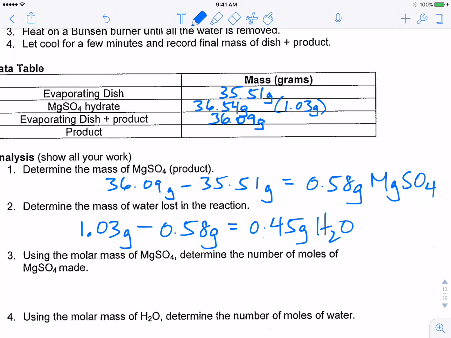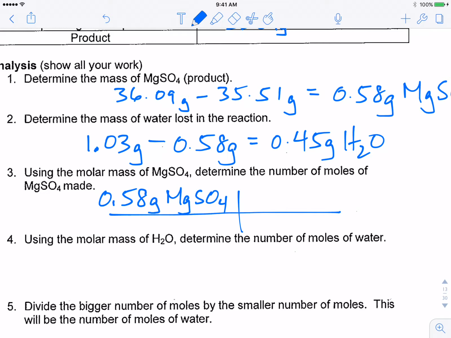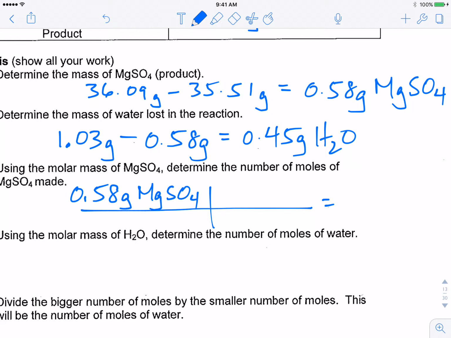Okay, so question number 3 says, using the molar mass of MgSO4, determine the number of moles of MgSO4 made. So the thing that we know is our 0.58 grams of MgSO4, and what I'm going to try to find are moles of MgSO4.